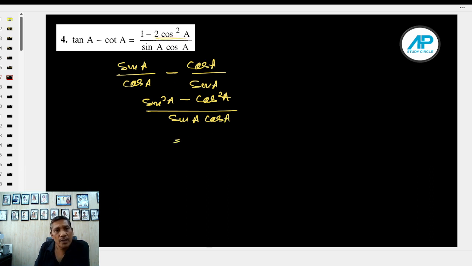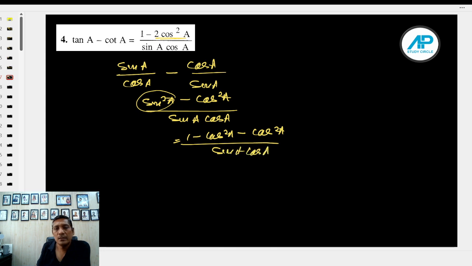We want 2 cos square A. We don't want sine square A here in the answer. But eliminate this sine square A. Make it 1 minus cos square A minus cos square A upon sine A cos A.